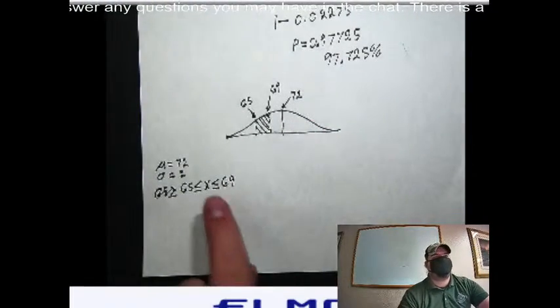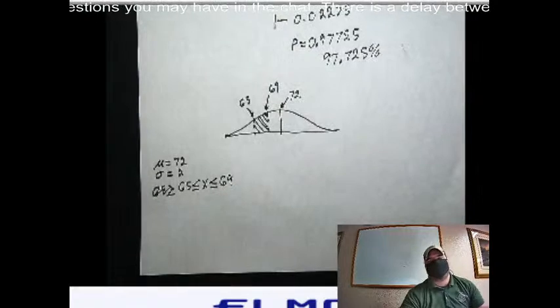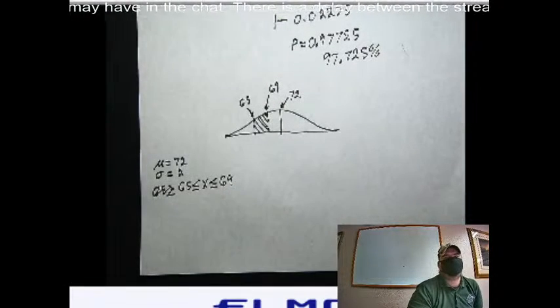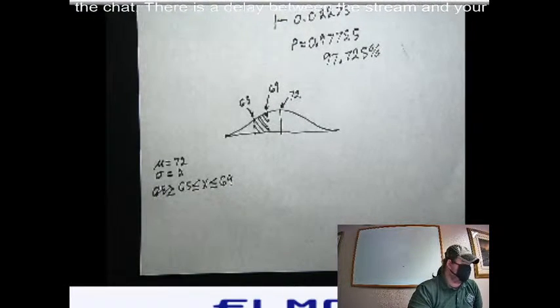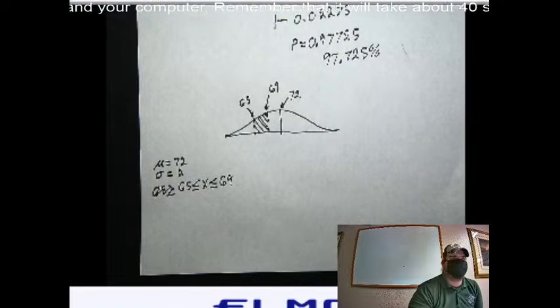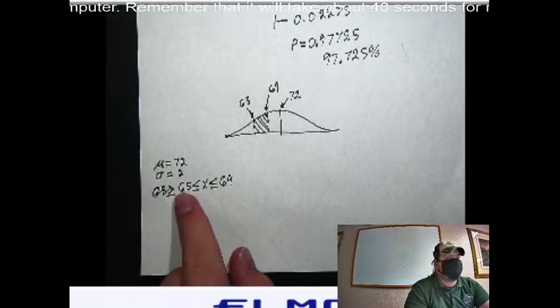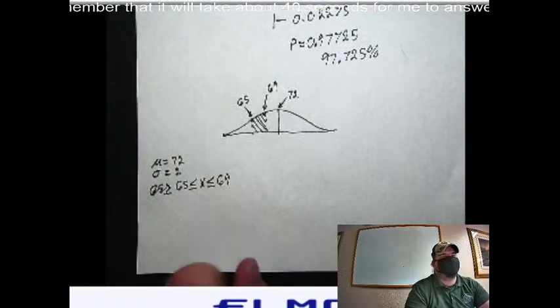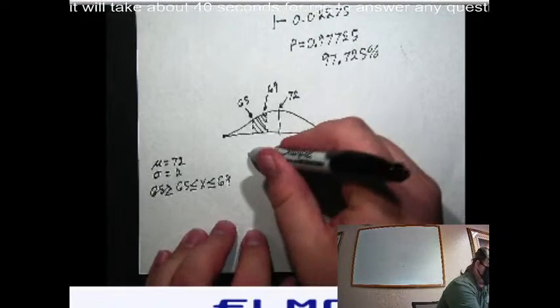In other words, x is somewhere between 65 and 69. So essentially what we need to do here is we need to calculate two z-scores. One for this 65 and one for 69. So let's set that up.